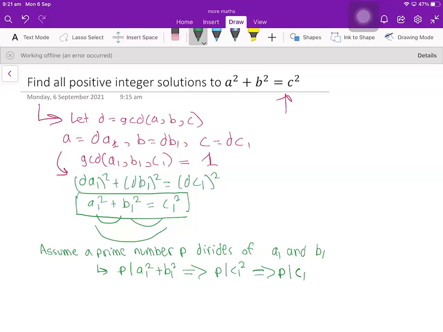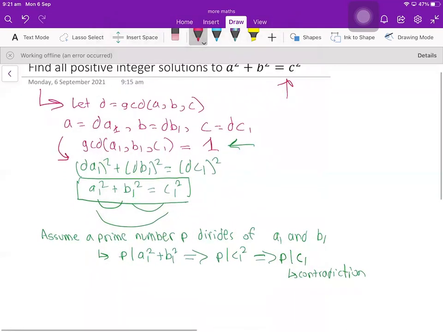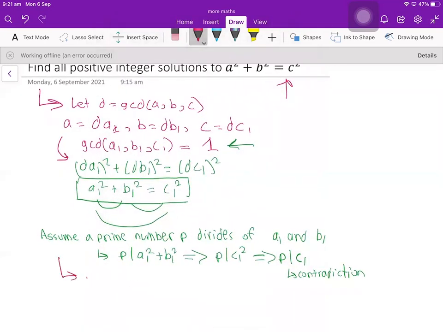But this is a contradiction because since the GCD of the three numbers combined is equal to 1, there are no prime numbers that divide all three of the variables. Okay, so this proves that the GCD of a1 and b1 is equal to 1.